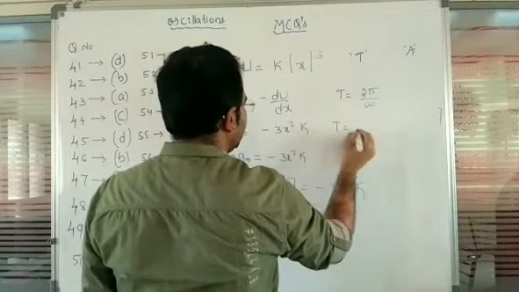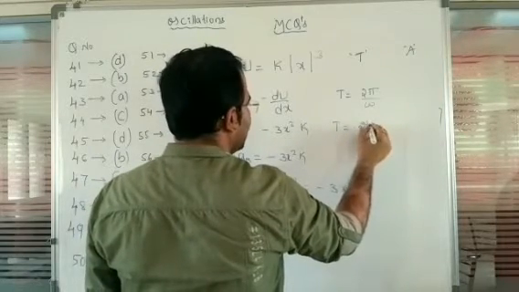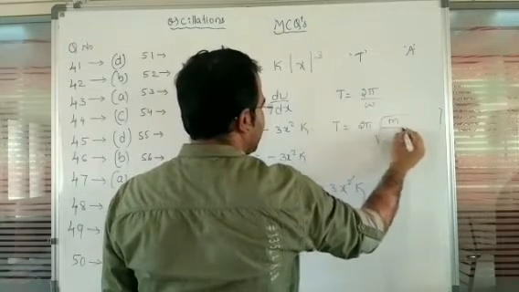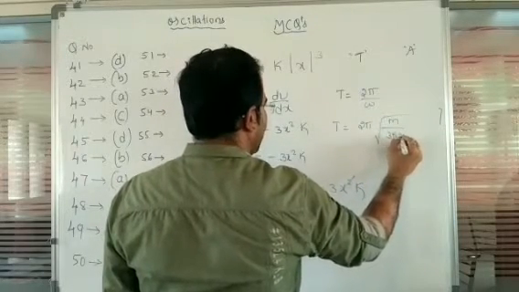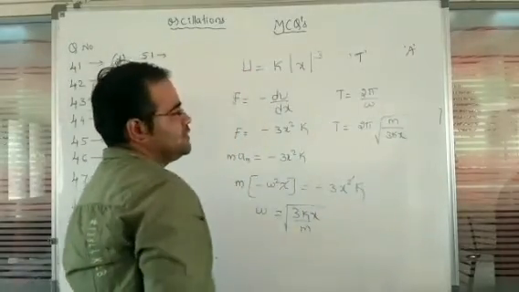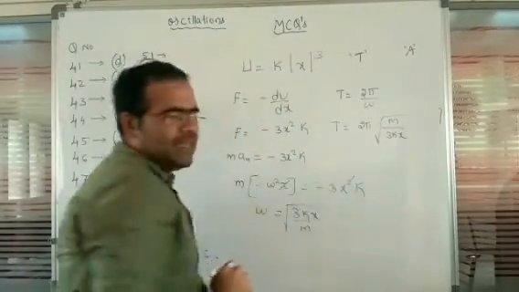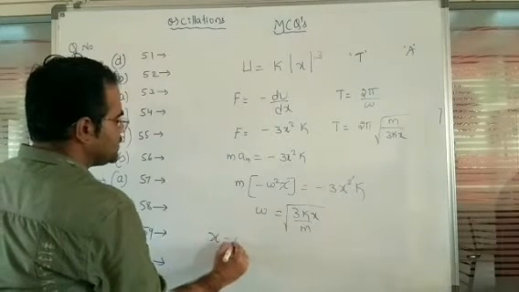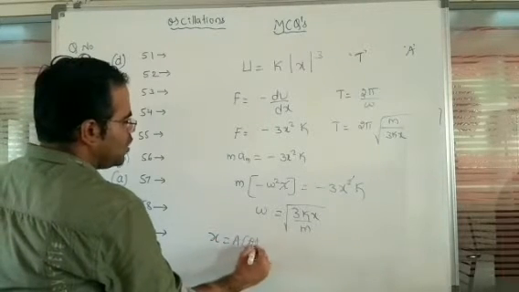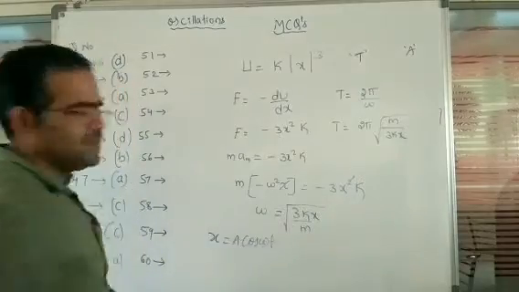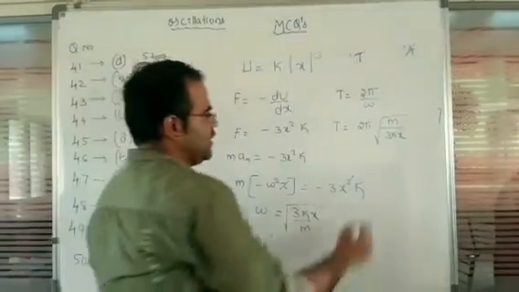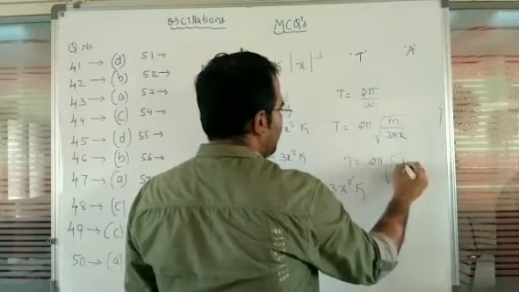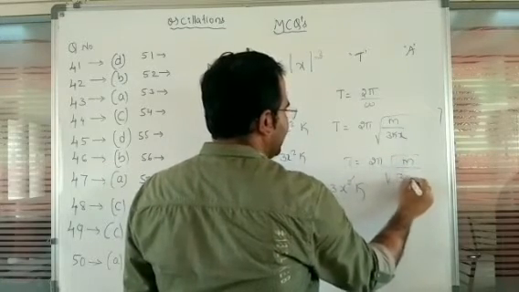So T is equal to 2 pi under root of m divided by 3 times k into x1. When we have the displacement, the equation is given by x is equal to a cos of omega t. So this is the SHM equation.